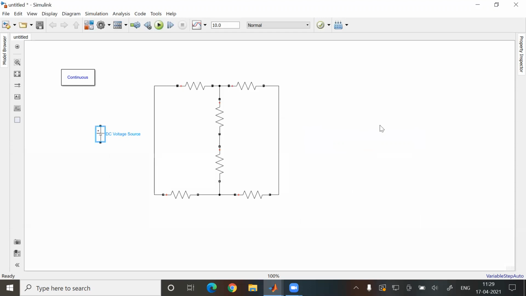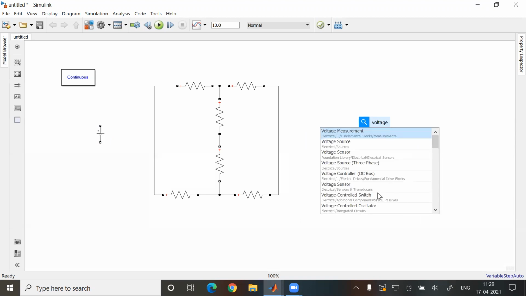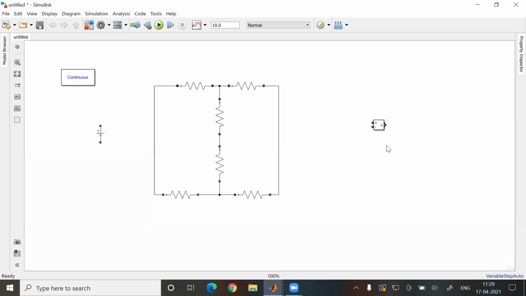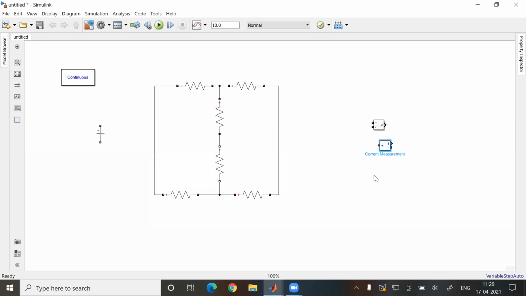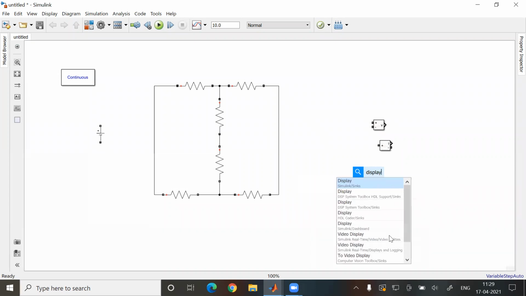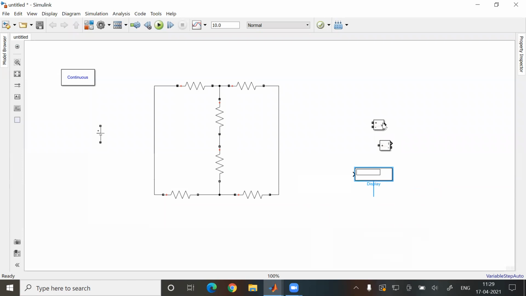Now another is your voltage measurement, another is your current measurement, another is your display. So we'll have Ctrl+V, Ctrl+V.